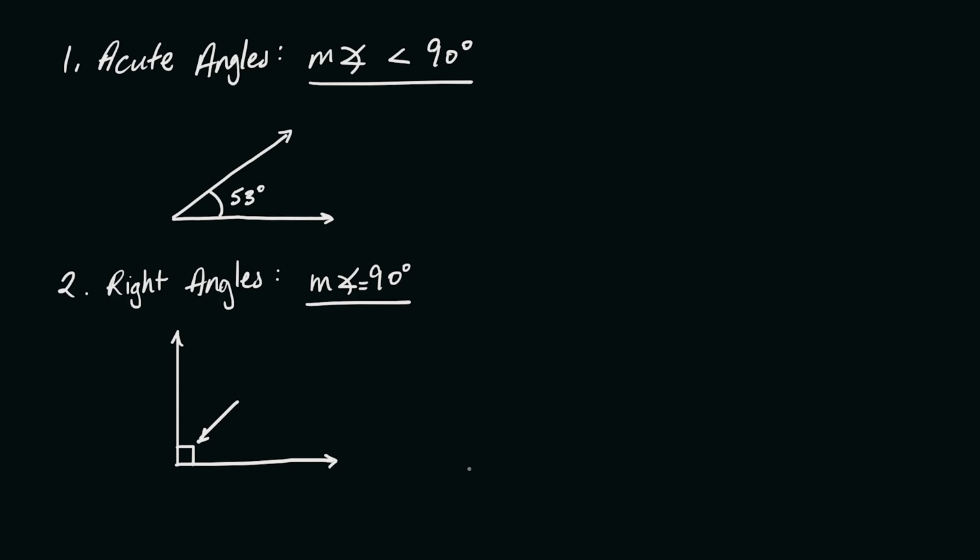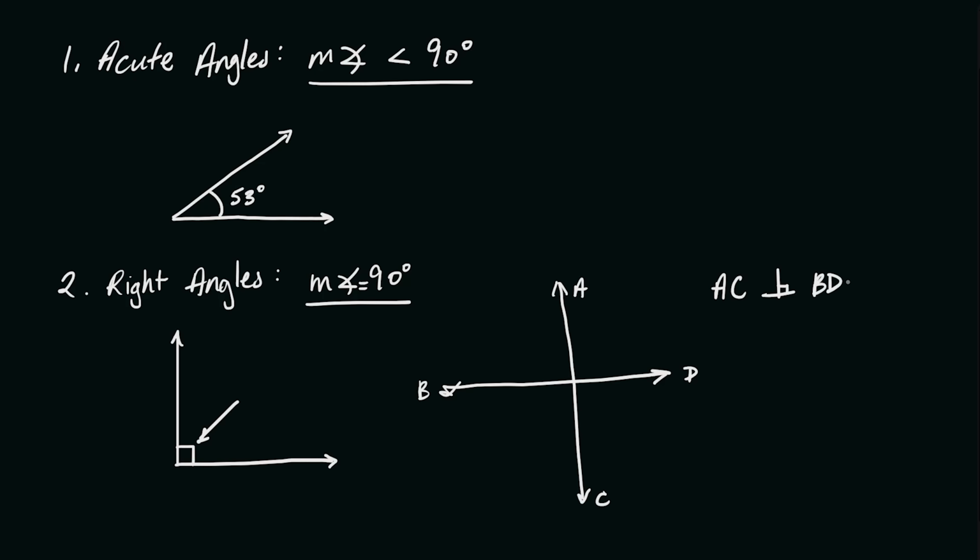If we think about this in terms of multiple lines, say we have two perpendicular lines like this, with segments A, C, and B, D. We can say that line AC is perpendicular to line BD.